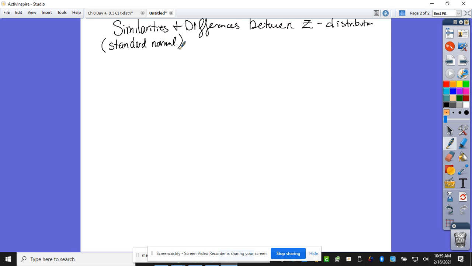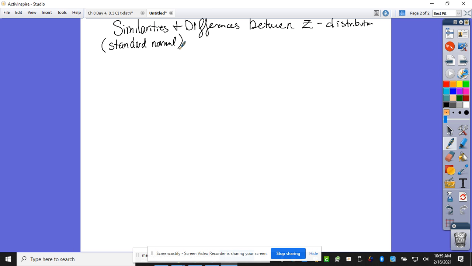Sometimes I forget to mention that, but why should this make sense? The word standard. What kind of z value? What are z values? They are standardized values. The whole point of a z-score is to standardize. So it is the normal curve using the standard values.